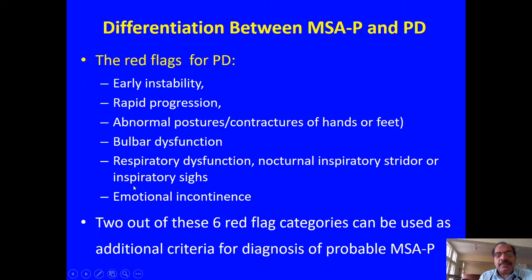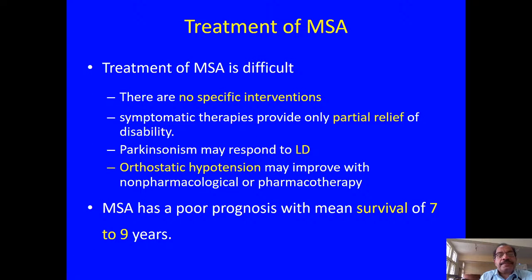And the patient may have some higher mental abnormalities like emotional disturbance. So all these things coming early, and if there is motor manifestation which is bilateral symmetrical, it is more suggestive of MSA, not Parkinson disease. So all these features may be there. Then you can think of the possibility that it is not usual Parkinson disease but MSA-P.